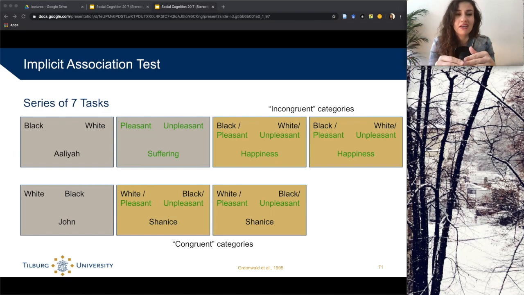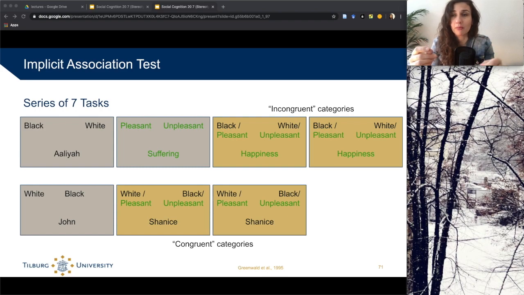We have two blocks for these incongruent categories. Then we have another block where only the target is supposed to be allocated to either the black or white category. And then we go to the congruent trials, where two blocks are shown with a word, in this case a first name, that's supposed to be categorized in the congruent category.